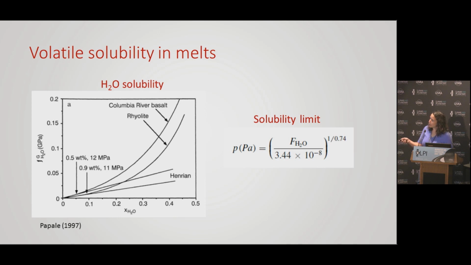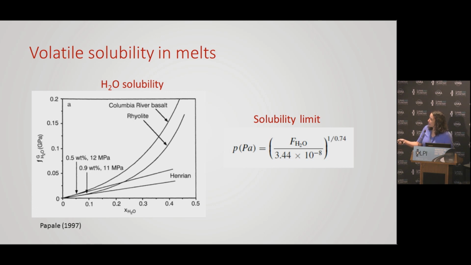This is the solubility of water in different kinds of silicate melts. Down here we have the water abundance in the melt, and this is the pressure, the atmospheric pressure that would be in equilibrium with that melt. This is the solubility relation written here. So you can see that we have two melts here, a basalt and a rhyolite, and this Henrian line is just an idealized model for the solubility.